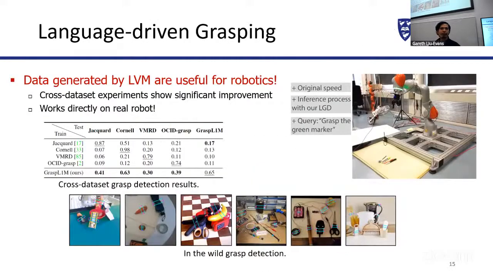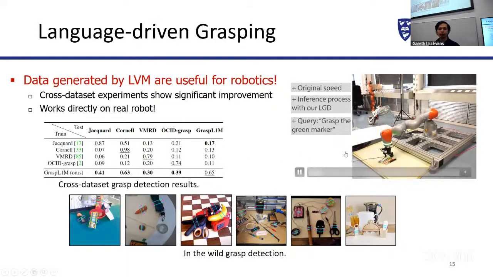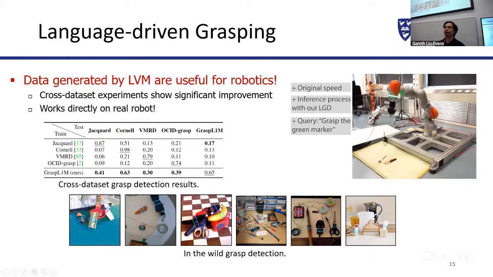We also performed some robotic experiments, as I showed in the previous slide. With this, you can grab different objects based on the method that we developed, and I hope that one day we can have this kind of system on the real robots that we have in our homes.